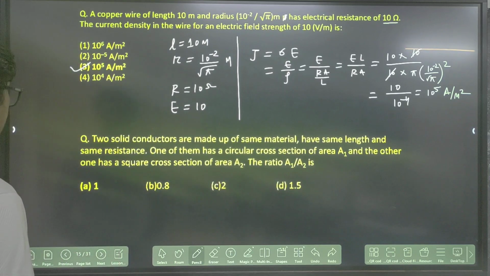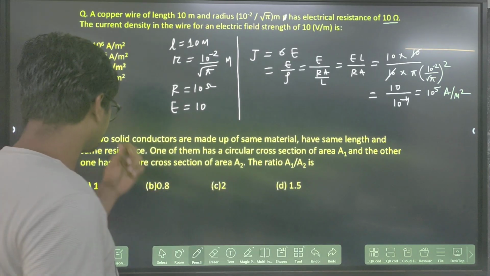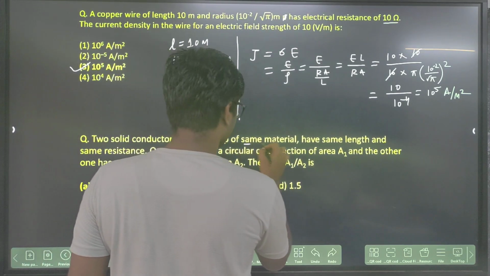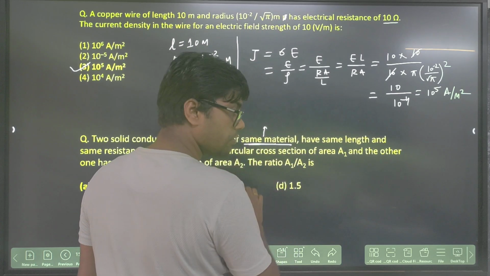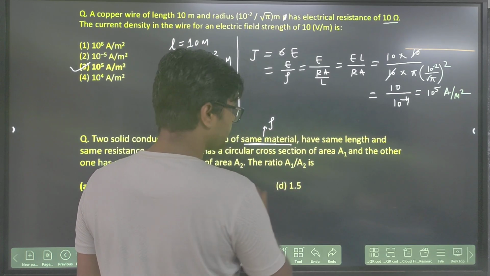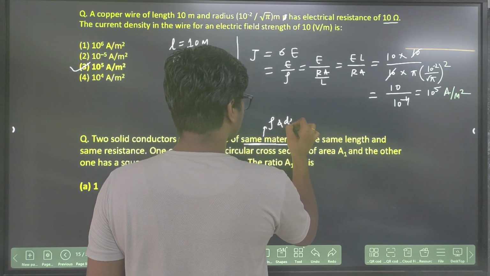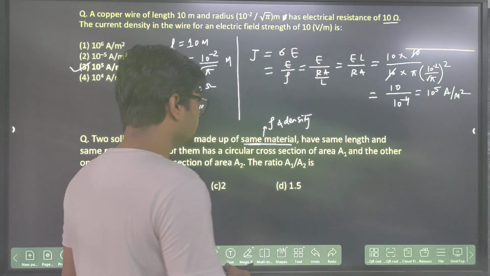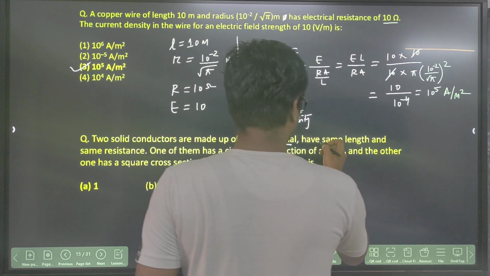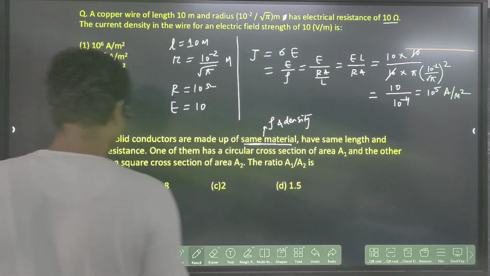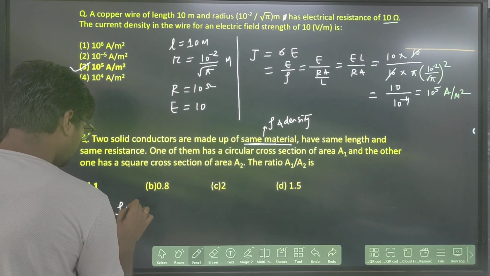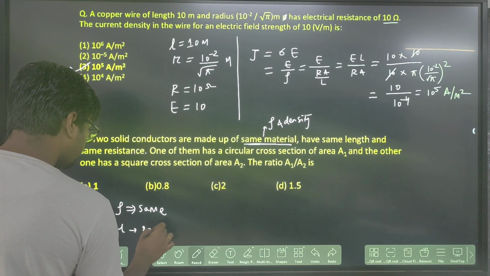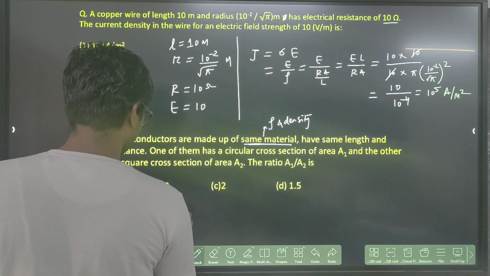Okay, now see another question. Two solid conductors are made up of the same material. Same material means the resistivity will be the same and the density will be the same, right? They have the same length, and resistivity is the same.